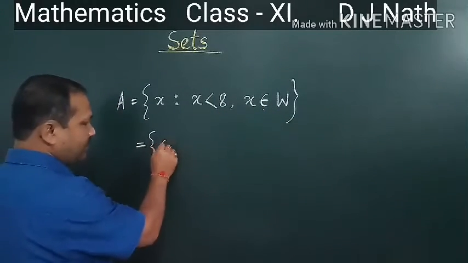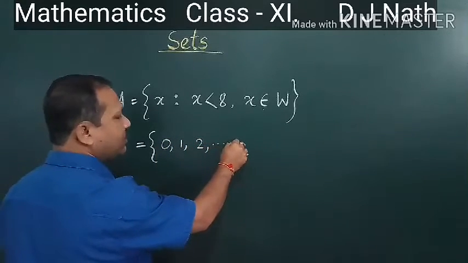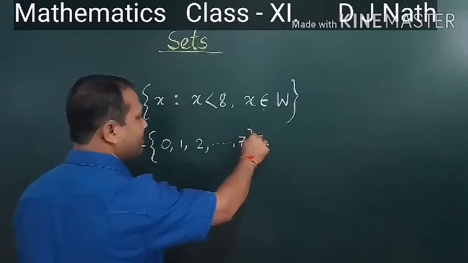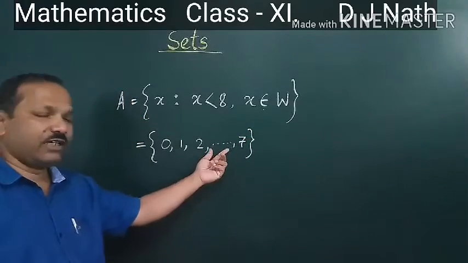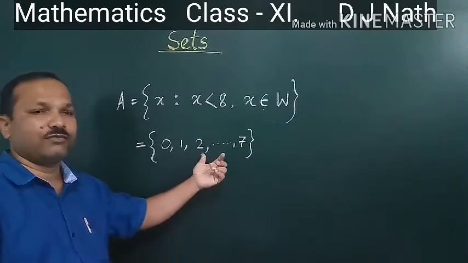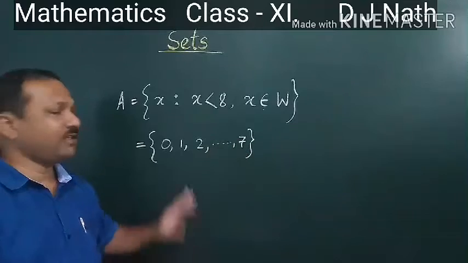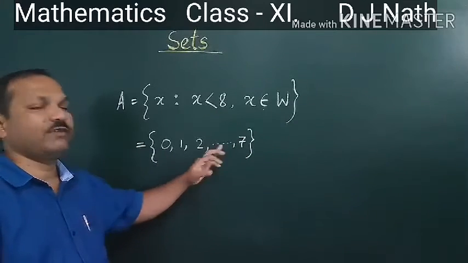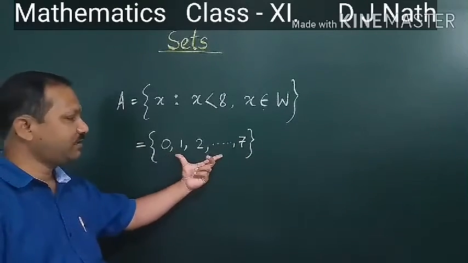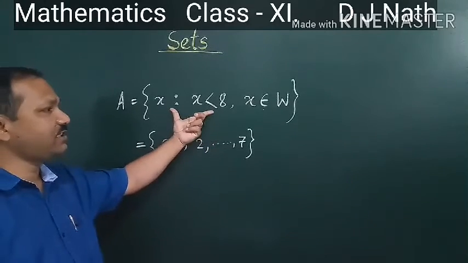It is definitely 0, 1, 2 up to how much? 7. You can give dots like that. If there are more numbers, you can write the first few, then dots, and then up to 7. By this you can understand what will be the next one. So that representation is called roster form, and this one is set builder form.